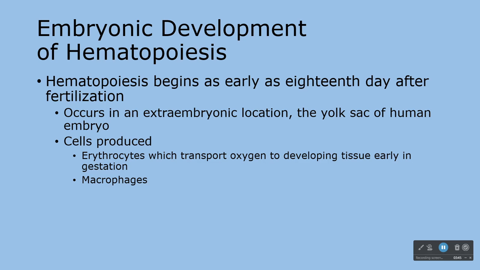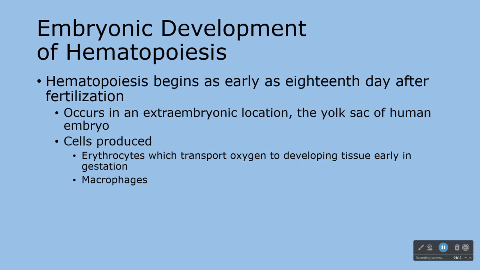So it's actually extra embryonic. So anytime you see the word extra, it means outside of. So extra embryonic development of the red blood cells. They make a few white blood cells. They're kind of similar to monocytes that we talked about yesterday. They just refer to them as macrophages, though, because they're extra embryonic. Okay, so they're not in the peripheral blood yet.